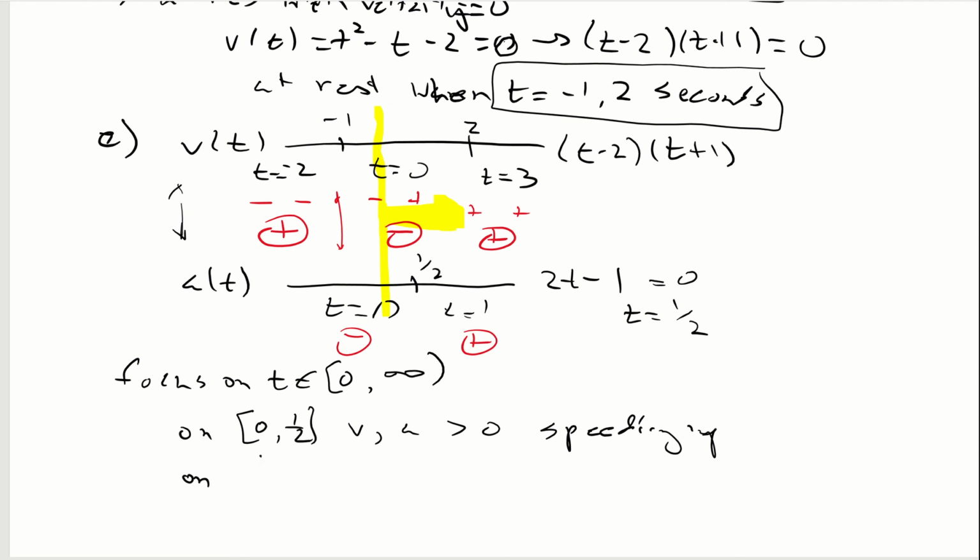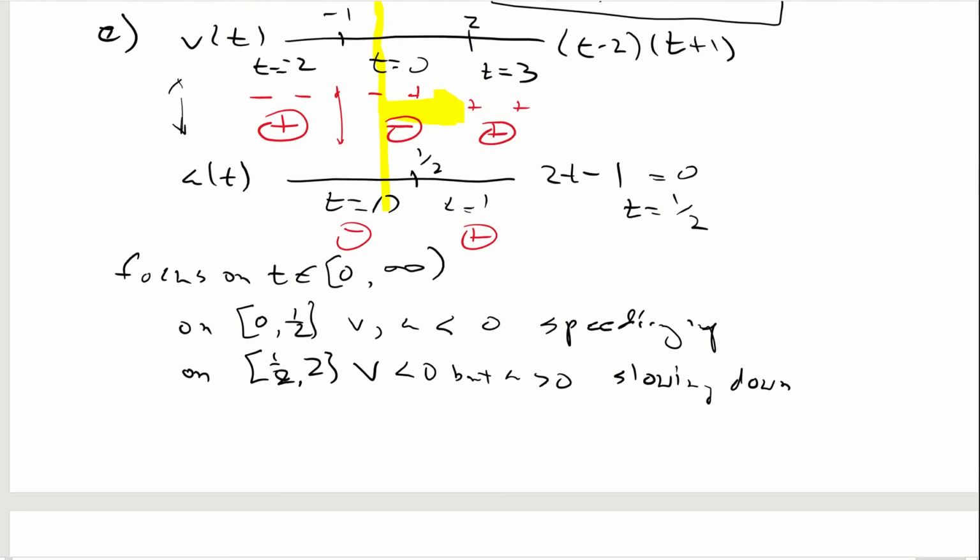I have this sign wrong, I thought they were positive. So they're both negative on the first interval. Now the velocity is still negative, but the acceleration has turned positive. So now the object is slowing down.